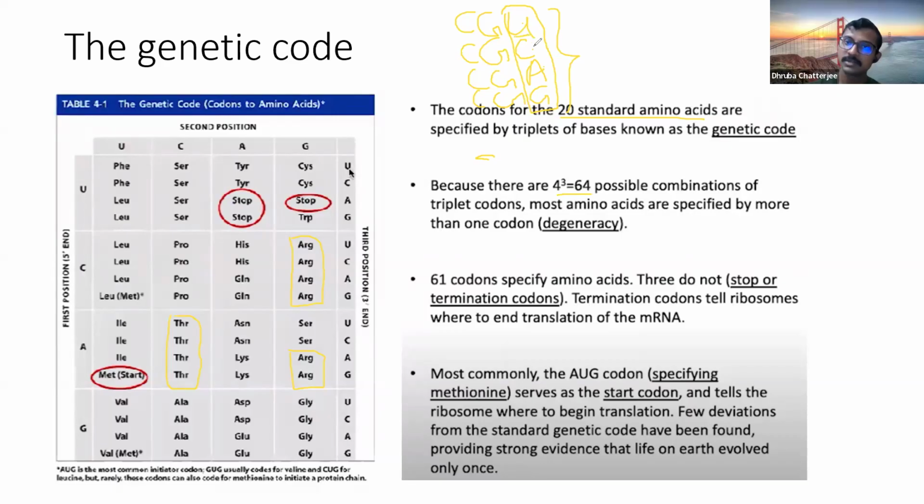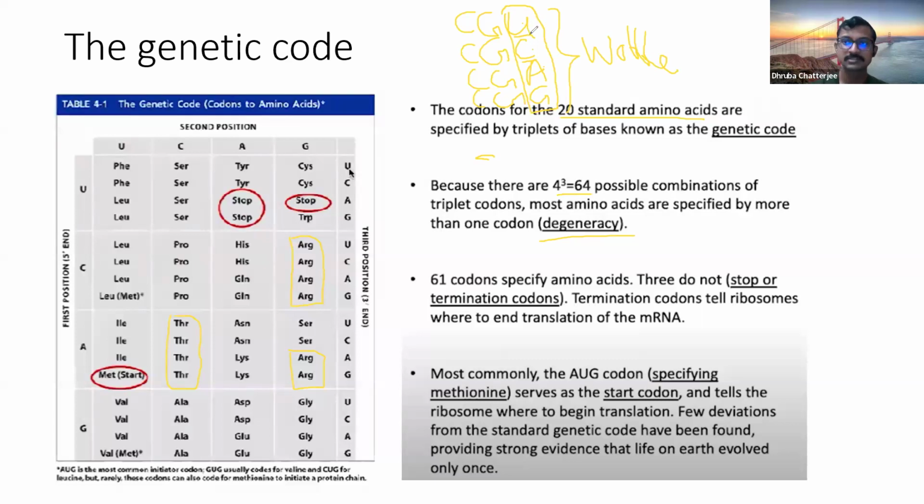And that's why this third base is called the wobble base. That allows the degeneracy, or the redundancy, of the genetic code, where more than one codon is able to encode for one particular amino acid residue.